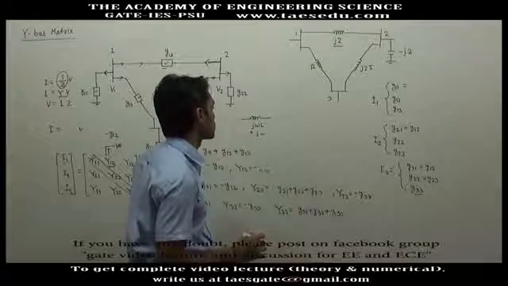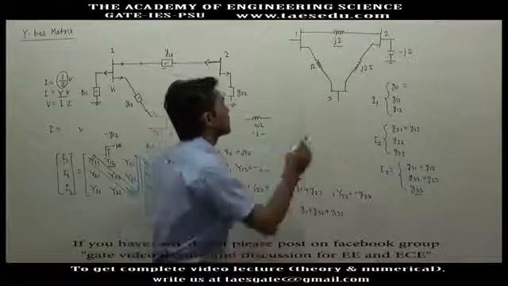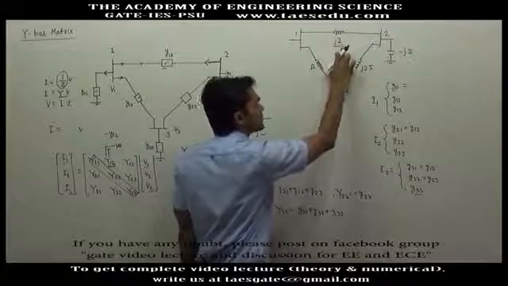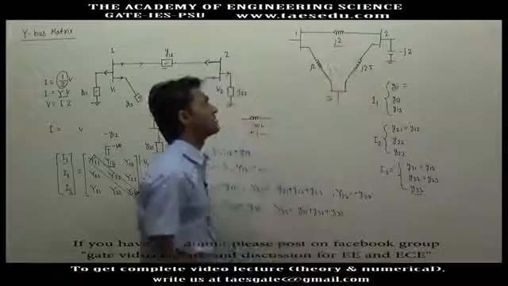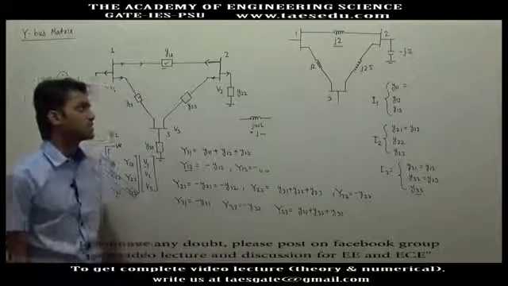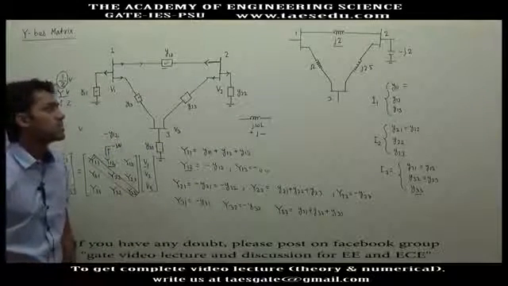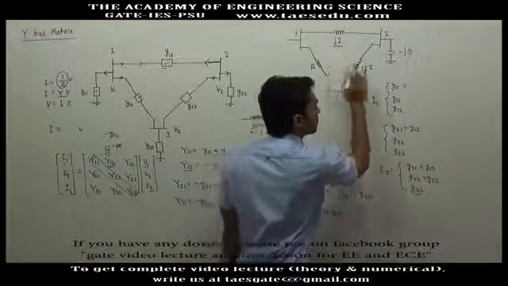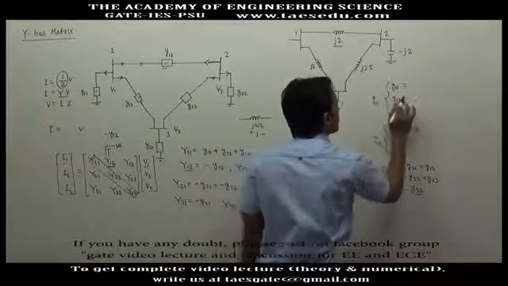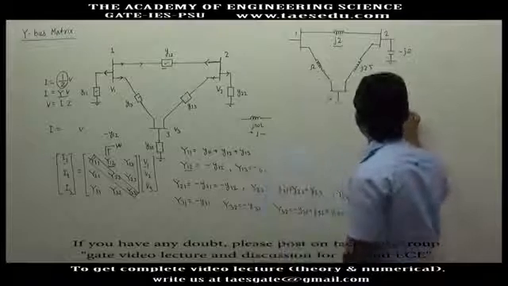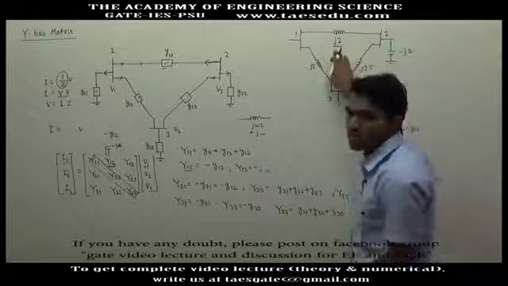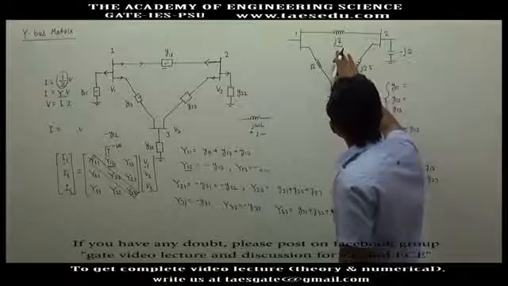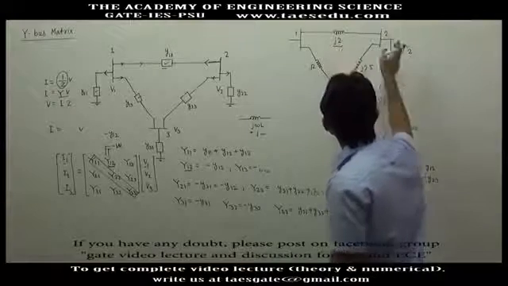So it is obvious that this is impedance, so this cannot be y12. In y12 we have to take admittance, and here it is impedance, so we need to convert it.